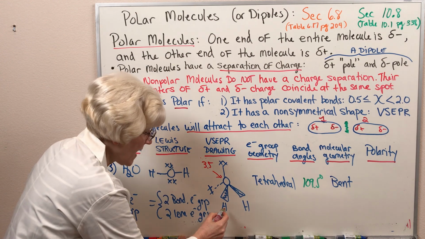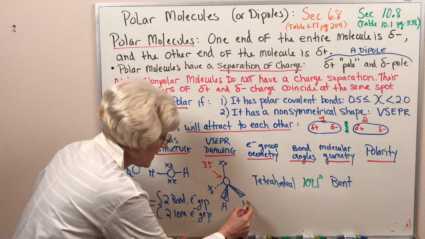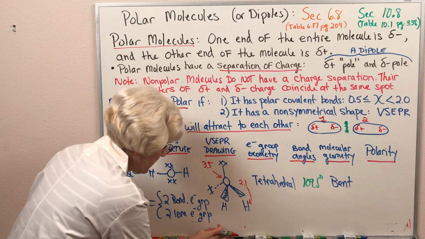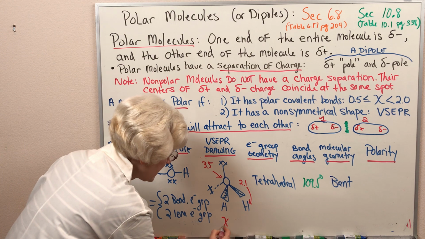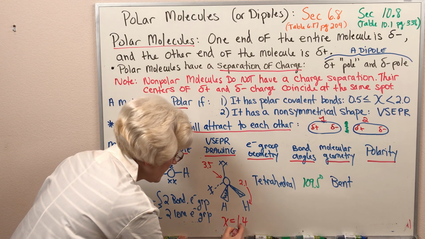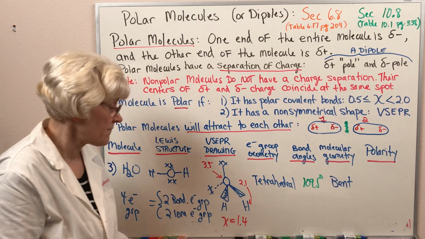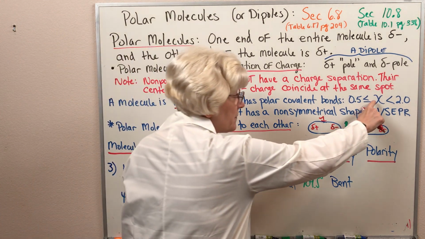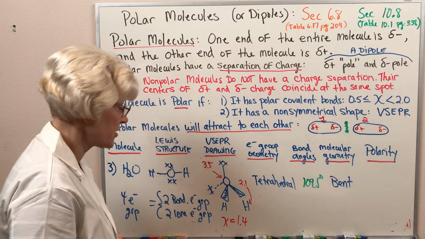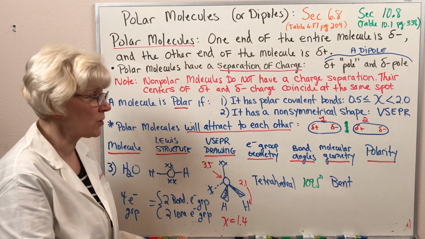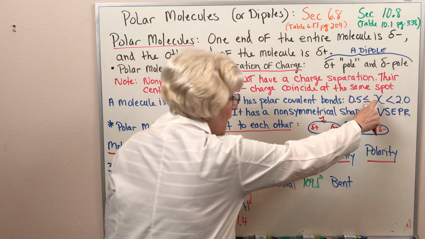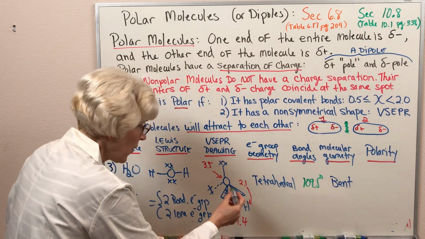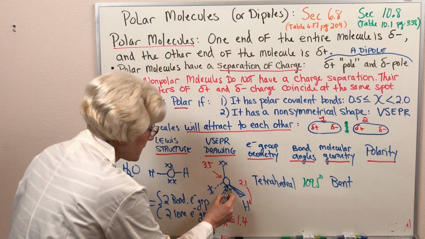The hydrogen atoms, again, have electronegativity of 2.1. So if we consider the difference in electronegativity, that difference is a value of 1.4, which means that the bond between hydrogen and oxygen is quite polar, falling very solidly in this range of polar covalent bonds.